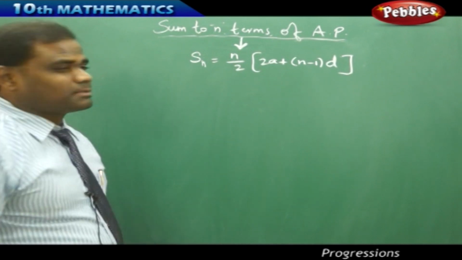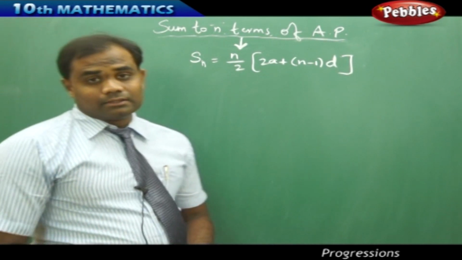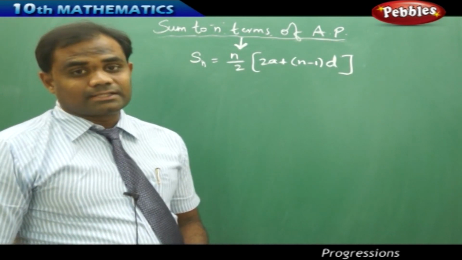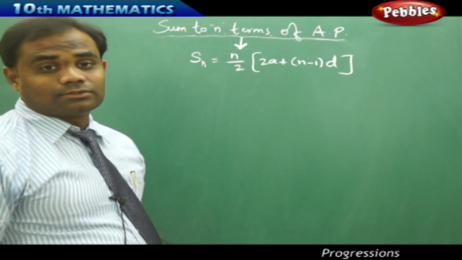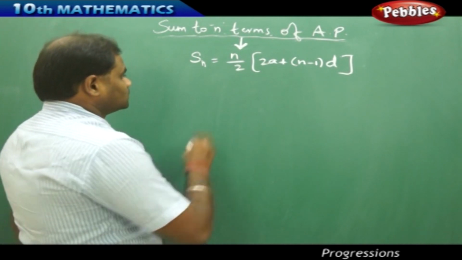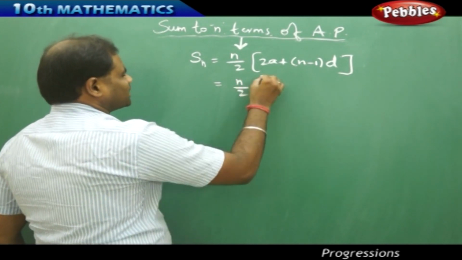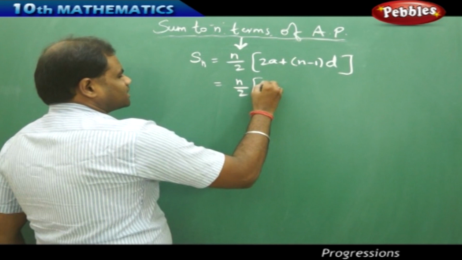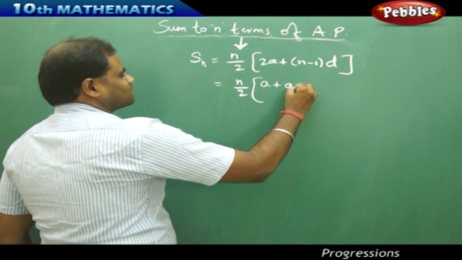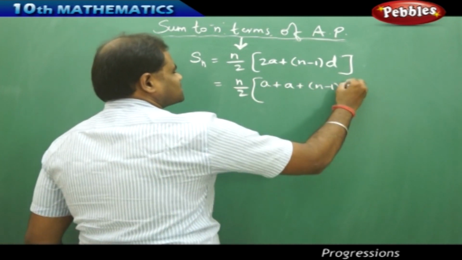But if I want to express this in the nth term form, let's see how we can derive this. As I remodify this, I get here n by 2 times 2a. I can split it as a plus a, so that this can be written as it is down here.